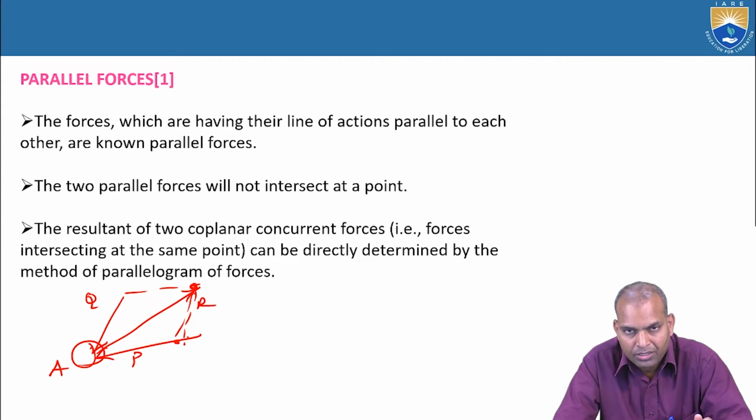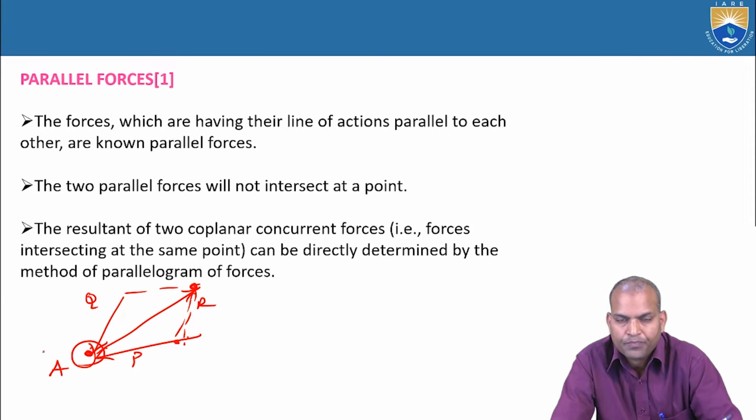The Parallelogram Law of Forces states that when two forces are acting on a particle, the resultant of those forces is the diagonal of the parallelogram, provided P and Q represent the two sides of the parallelogram, and the length of the diagonal gives the value of the resultant force of a coplanar force system when two forces are acting concurrently at one point.